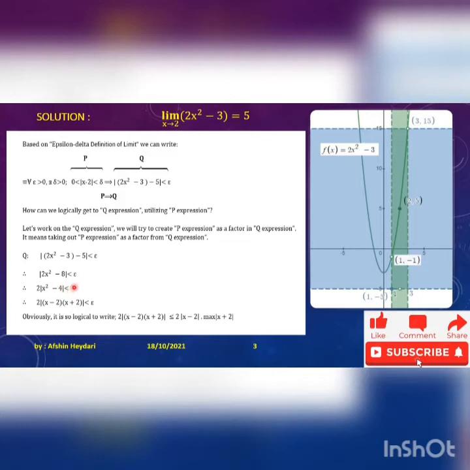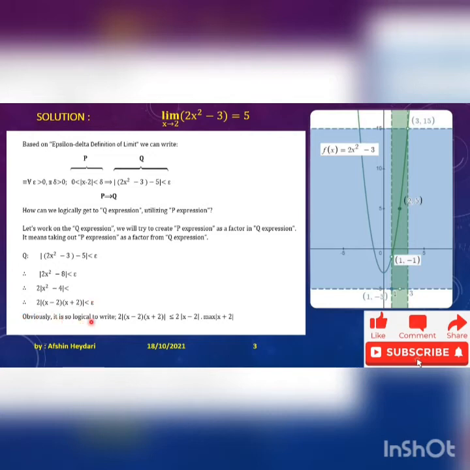I forgot to write this epsilon here, sorry. You should consider an epsilon here. It is okay. And we have 2 times absolute value of x minus 2 multiplied by x plus 2. This is very simple. And less than epsilon.